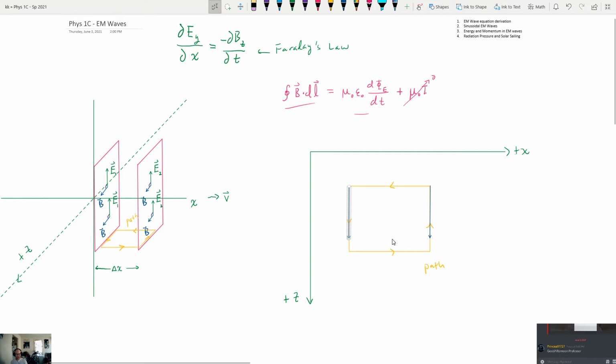So we'll give them different names. Let's just make this one shorter, I guess. We're going to call the one on the left B1. The one on the right we're going to call B2. And we're going to say that the x-coordinate right here is going to be just x. And then this is delta x from here to here.